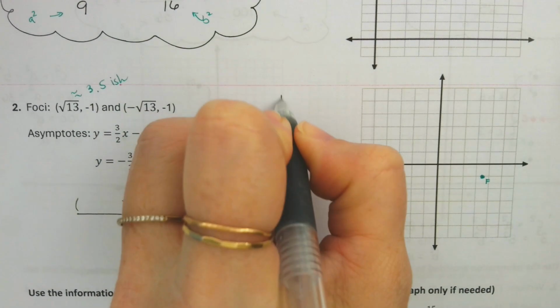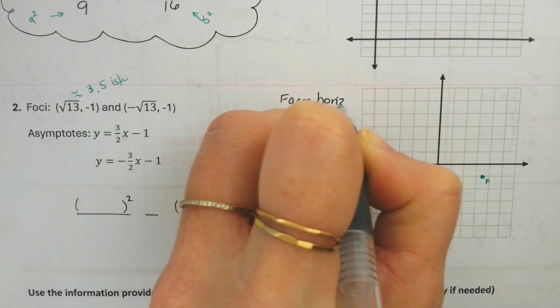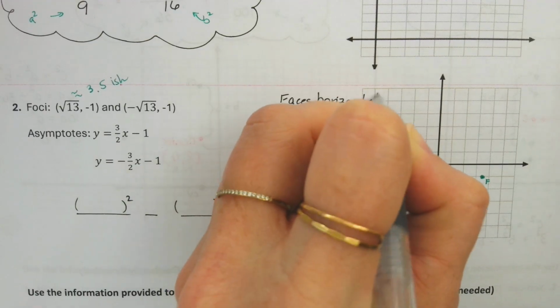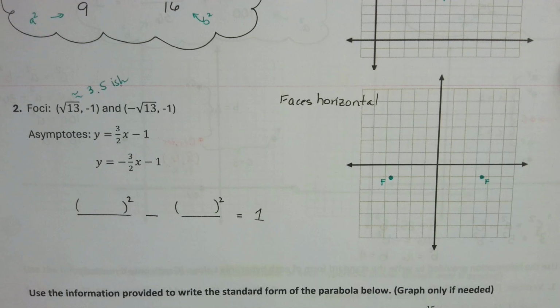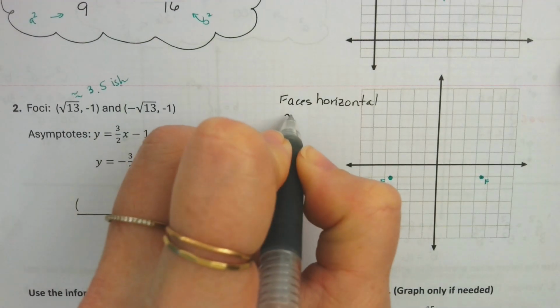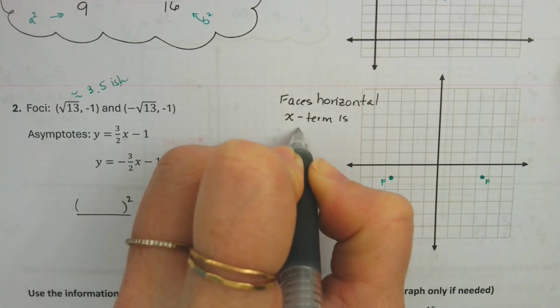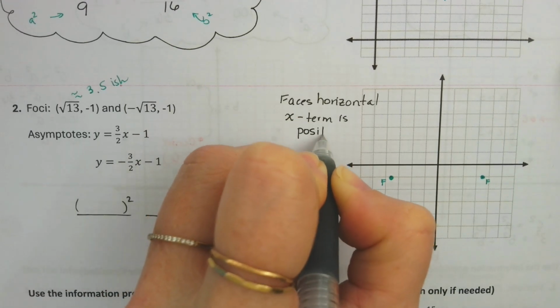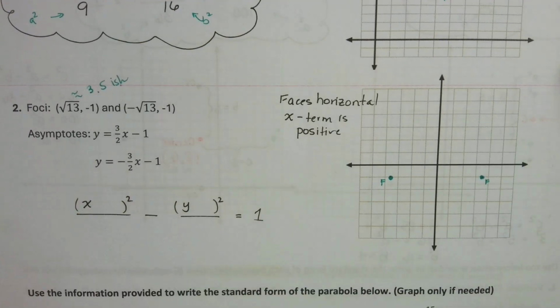It is going to face horizontal. Which axis is the horizontal one? X or Y? X. So now I know that X is the positive term. Okay, so X would go here, Y would go here.